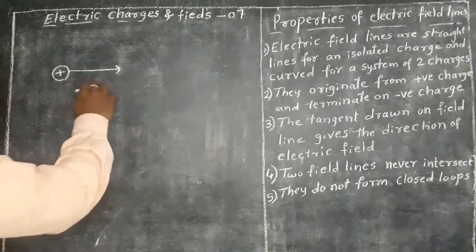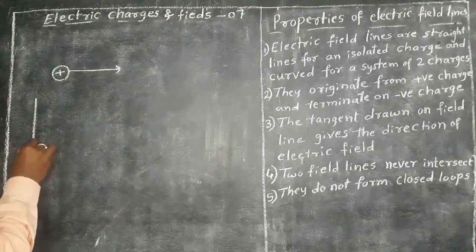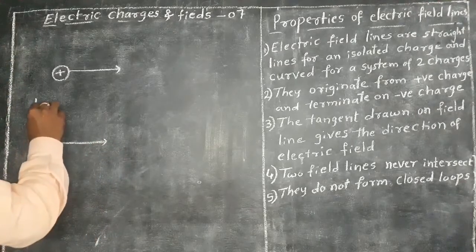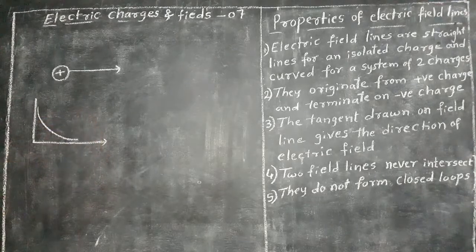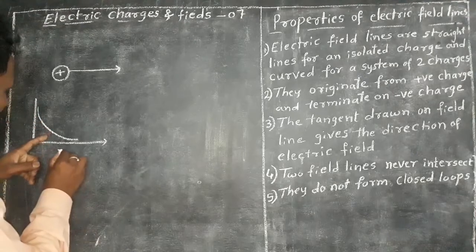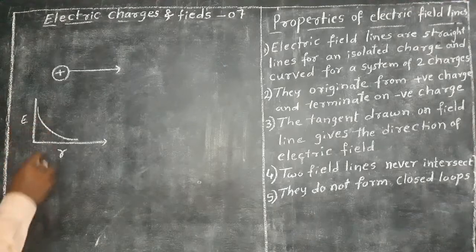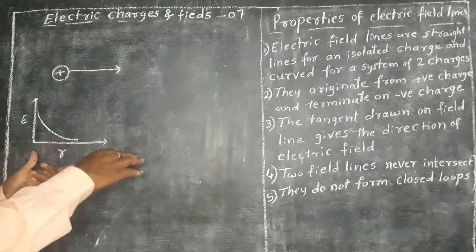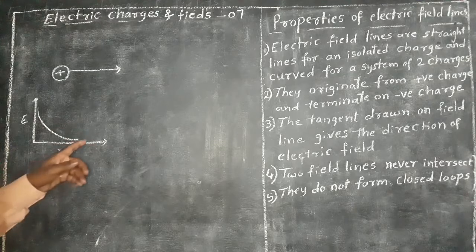The decrease in electric intensity or field intensity is given by the curve as shown in the figure. It never becomes zero. Electric intensity goes on decreasing as distance increases. If we draw a graph of electric intensity versus distance, it is as shown in the figure. It never becomes zero.